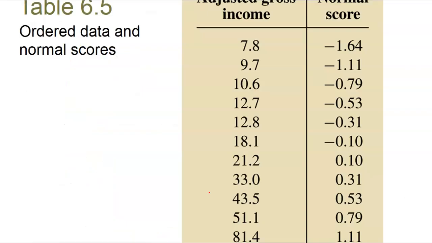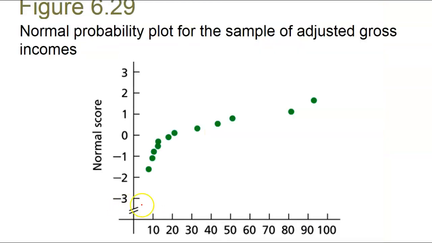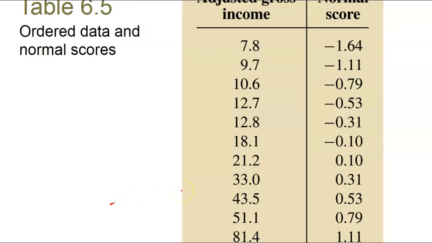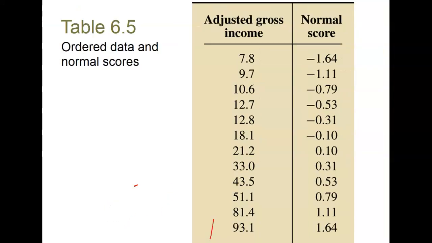Let me show you what I mean by taking a look at this table here. I want to adjust the screen so you can see the whole thing. If we ask for people's adjusted gross income, in thousands, one person makes $7,800 a year, maybe somebody who's also going to college.